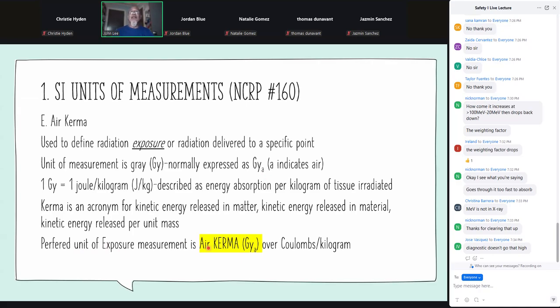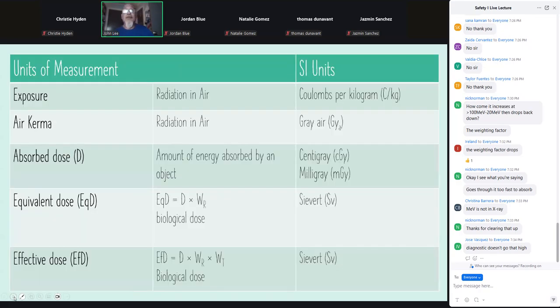The preferred unit is air kerma or gray over coulombs per kilogram. So this is another unit of exposure, right? And this chart sums them up for you, giving us the unit of measurement in the left column, what it is that we are expressing in the middle column, and then the unit that you may see.